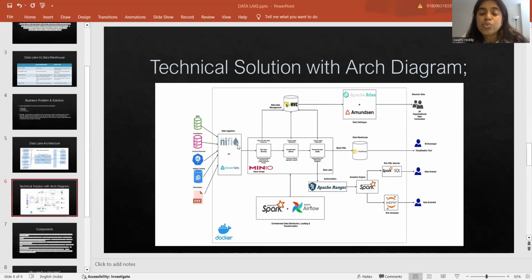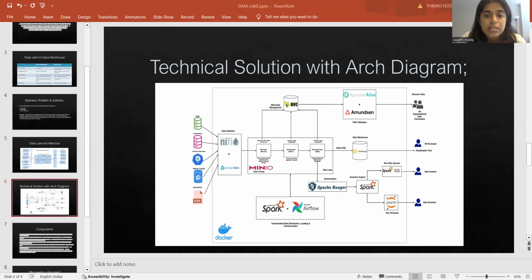And coming to the ingestion layer, data from diverse sources is ingested into the data lake. Real-time data from diverse sources is ingested into the data lake.